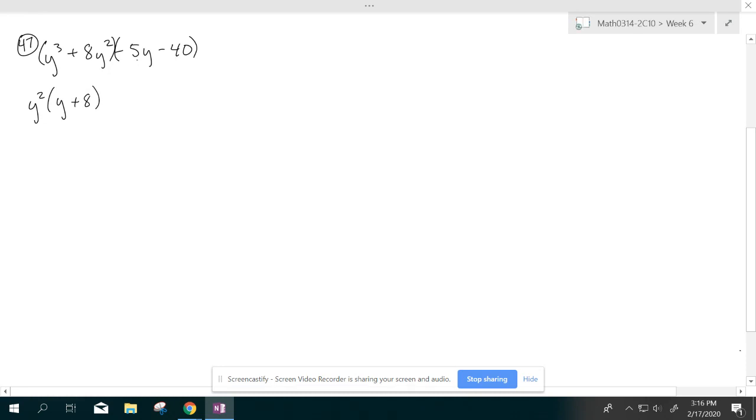Look at the second group. What do they have in common? There you go. And we're going to take negative 5 because they both have a negative also. So if I factor out negative 5, what will that leave me with?